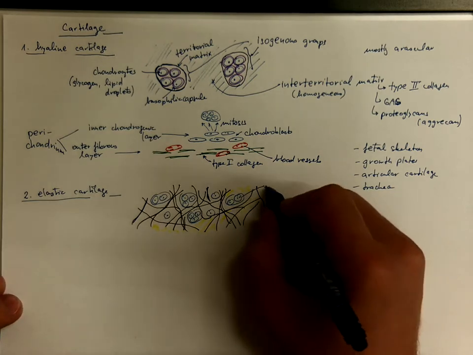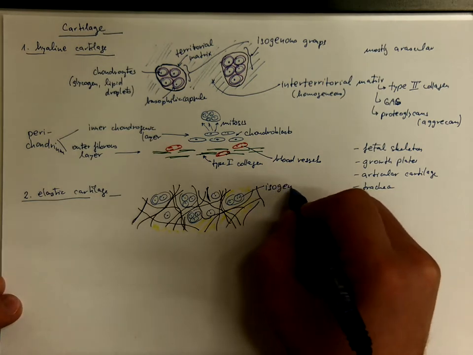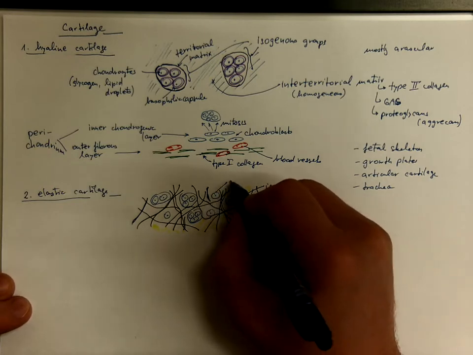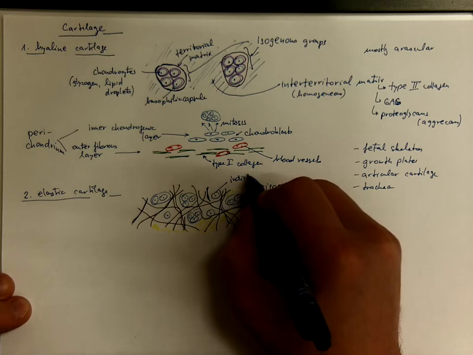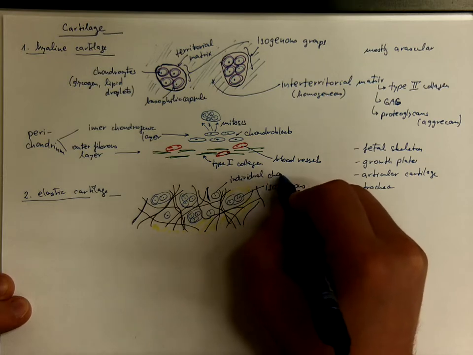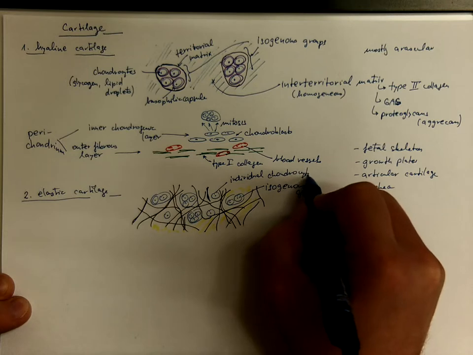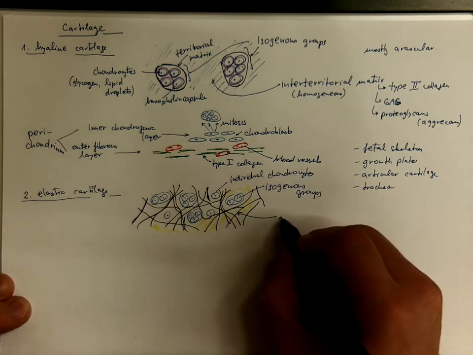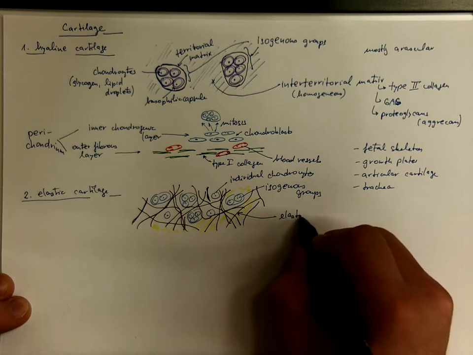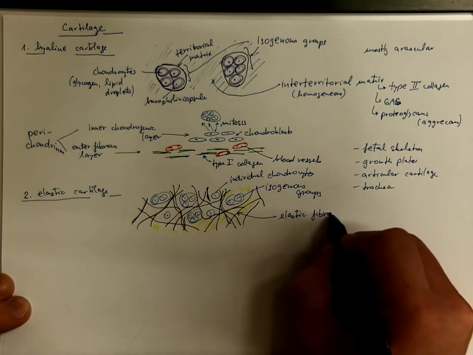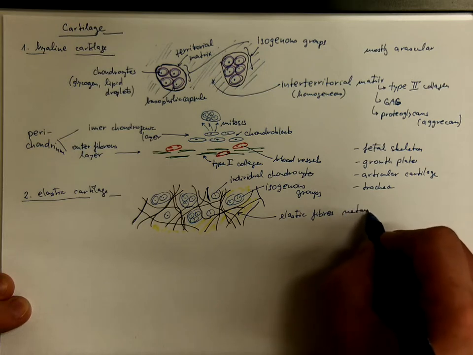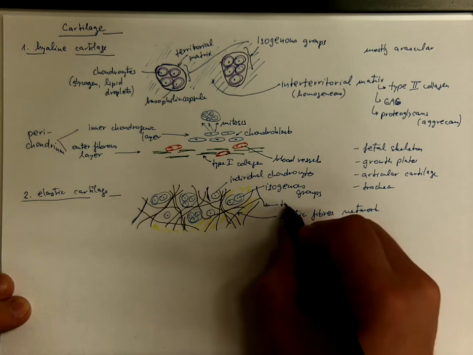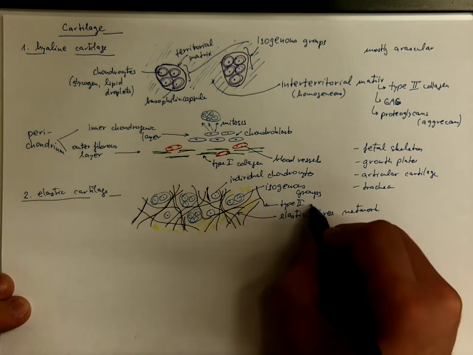So we got isogenous groups here. We got individual chondrocytes. But we got this network of elastic fibers. We got type 2 collagen fibers here.